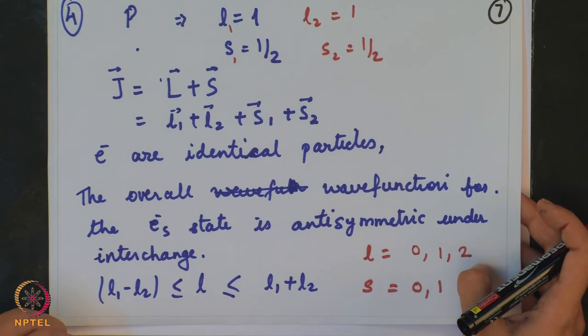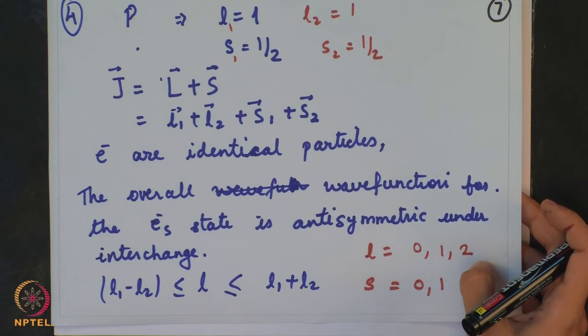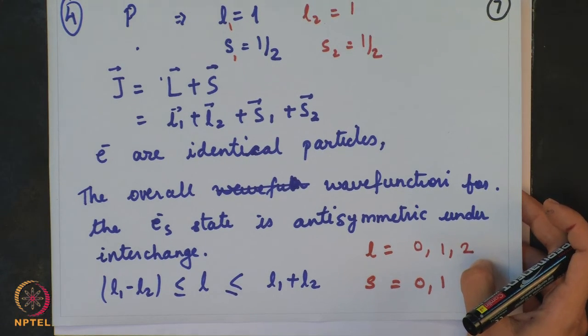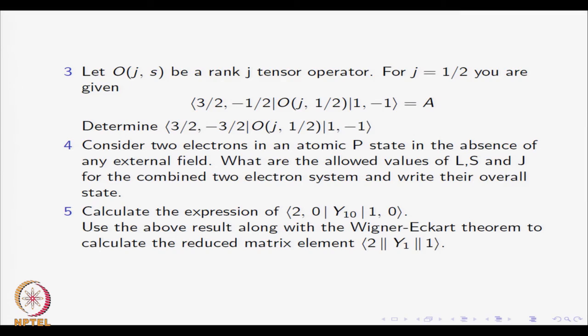Which combination will be allowed? The combination which gives a symmetric state will be forbidden, and the combination which gives an antisymmetric state will be the allowed state.